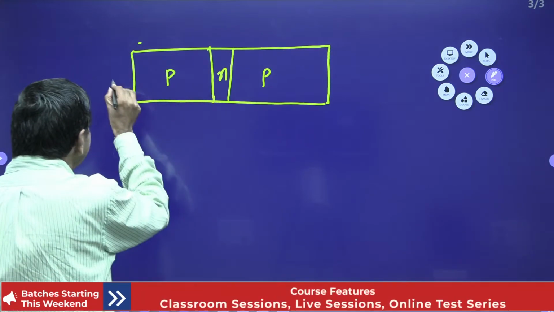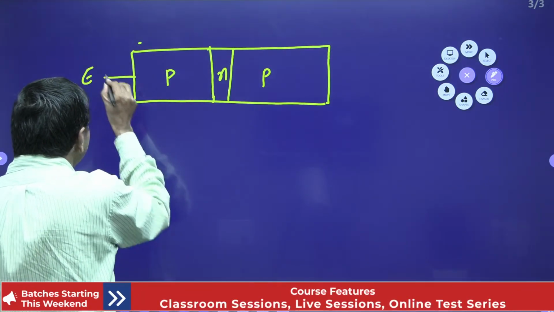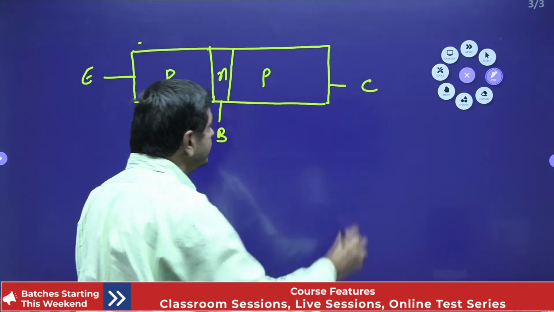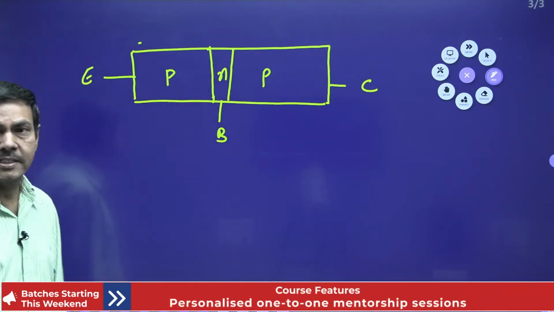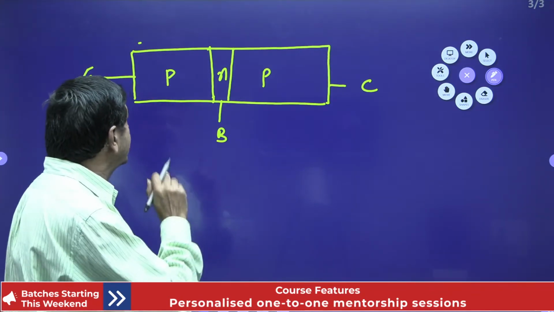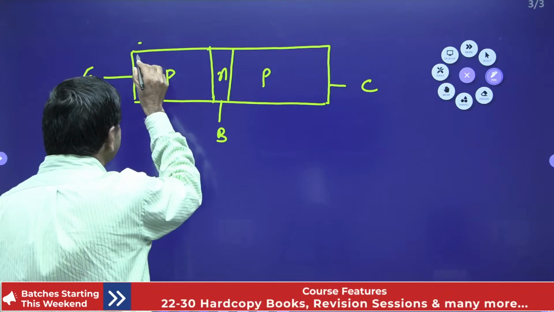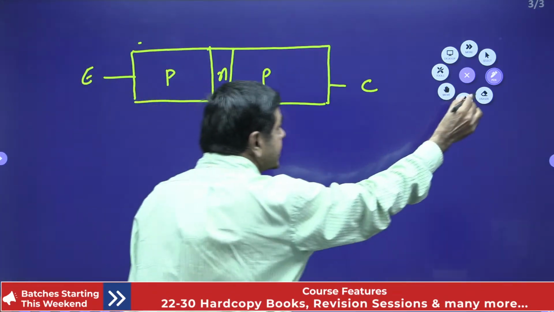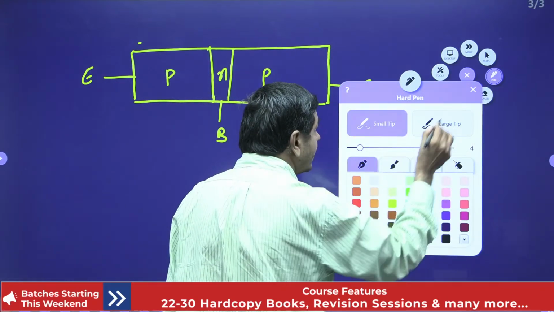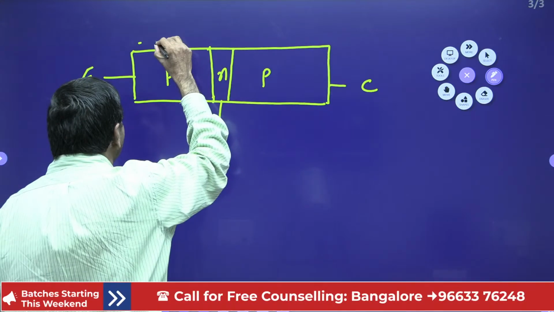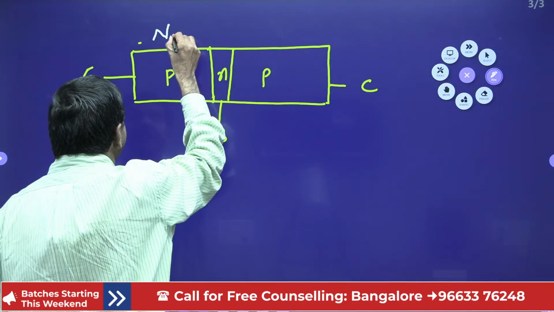Here we are having the 3 electrodes, one is an emitter, one is a base, one more is said to be collector, we know very well. We discussed the width of the region. I want to discuss now the concentration which is existing in the emitter. I would like to take it as a symbol. The concentration of electrons or holes, no problem. This is Ne I have taken here now.